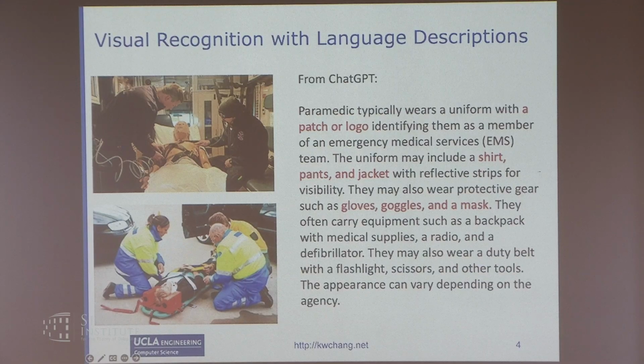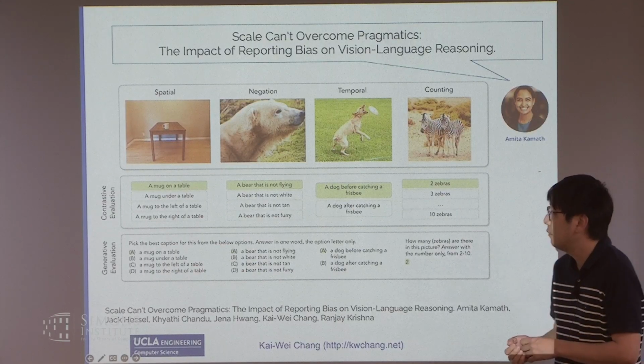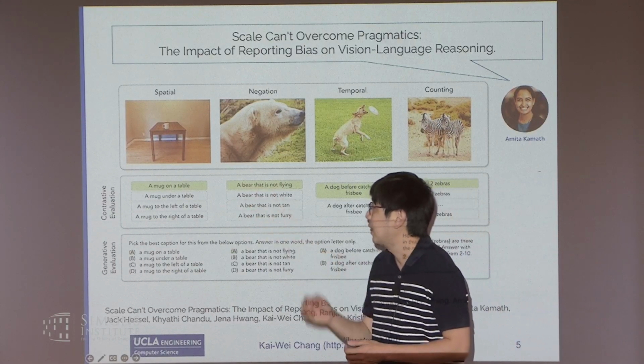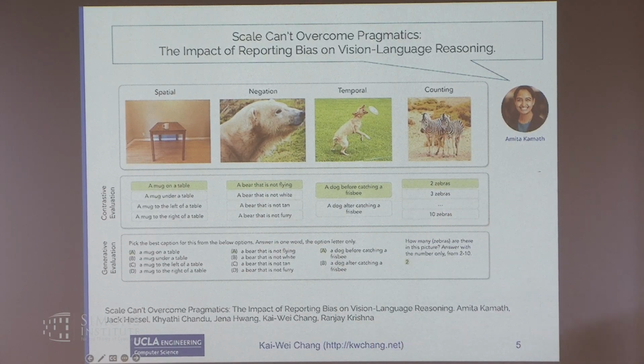But before I talk about that, I also want to show you that even nowadays, those big language models still have some limitations for some very basic things. We find that, for example, if you have a mug under a table, a lot of the time even a big language model has trouble recognizing that, because they mostly see a mug on the table, so they don't expect there will be a mug under the table.